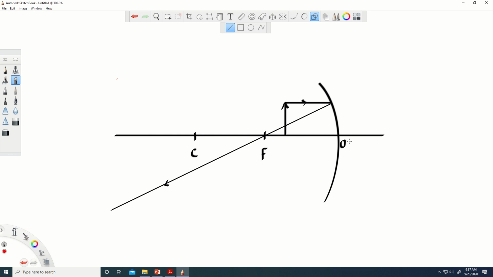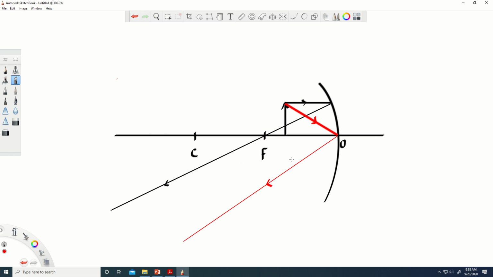If this one hits at the center of the mirror, then it will follow the law of reflection. So this would be reflected back at an angle equal to that angle. So it won't be like that, it should be like that. So that's my incident ray, that's the reflected ray. And the third one, I cannot draw here because this is in front of F, so I cannot pass the ray through F, so I can only draw two.